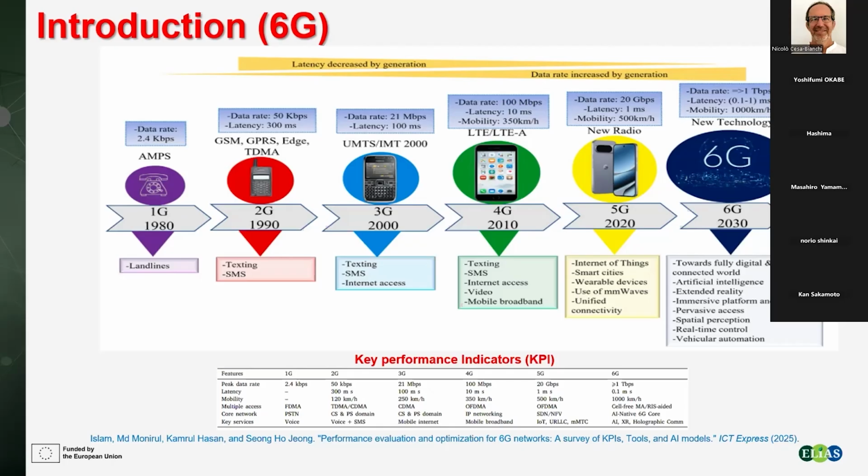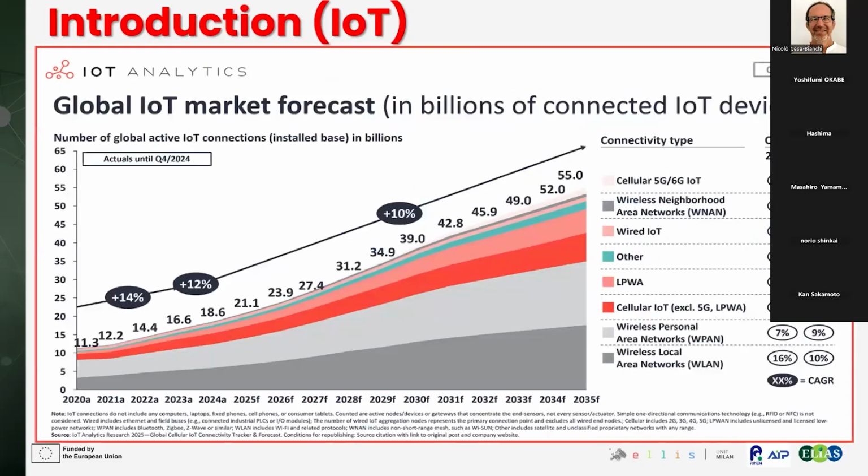To achieve such key performance indicators, we need some techniques or technologies that try to solve these challenges. Regarding the Internet of Things, the number of connected devices is increasing enormously.